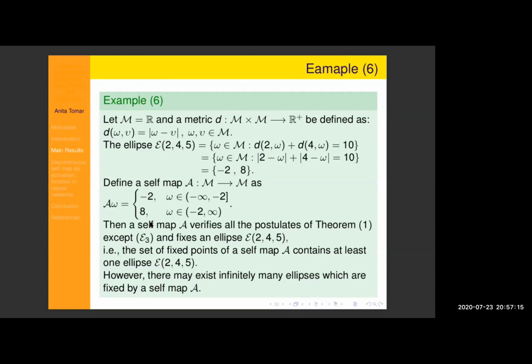So in this case, one may see that this is a fixed ellipse of A, meaning the non-unique fixed point set of A contains this ellipse, but this ellipse is not a unique fixed ellipse. There may exist infinitely many ellipses which are fixed by a self map A.